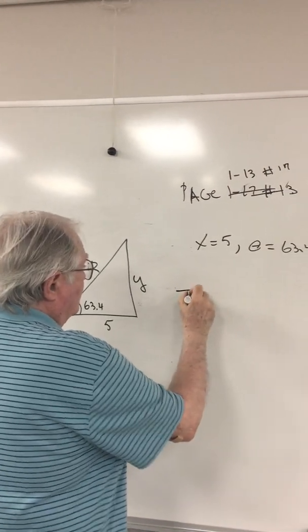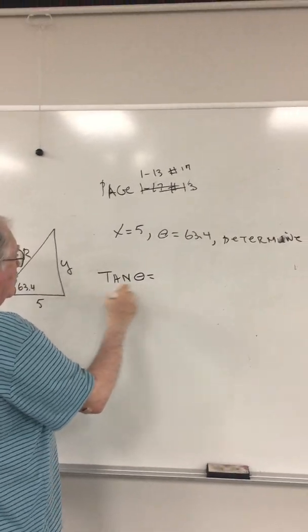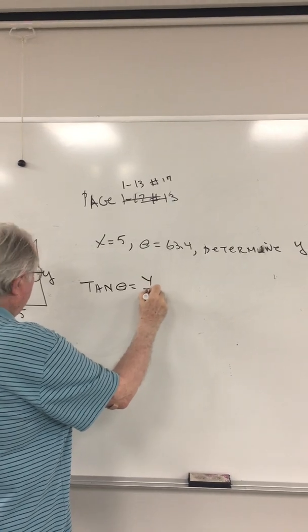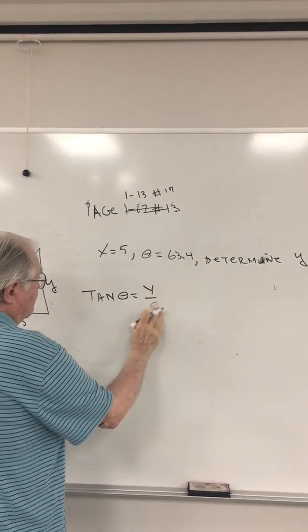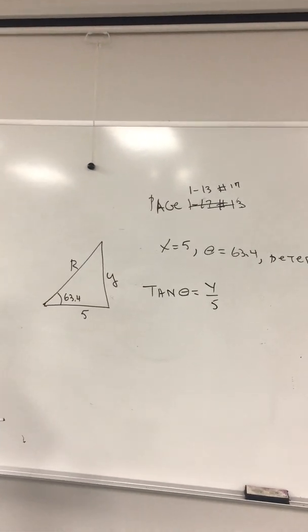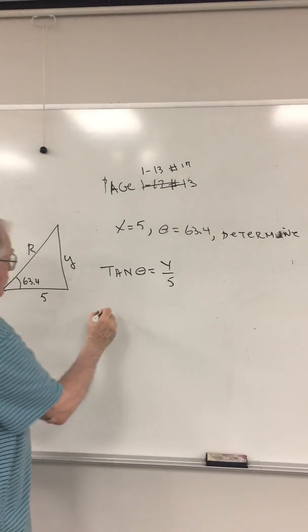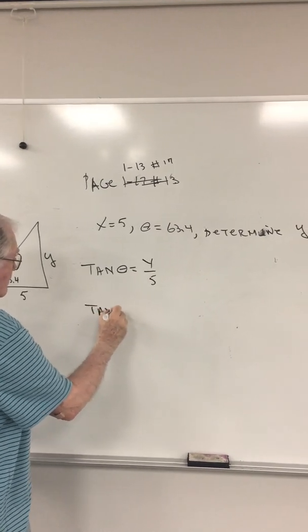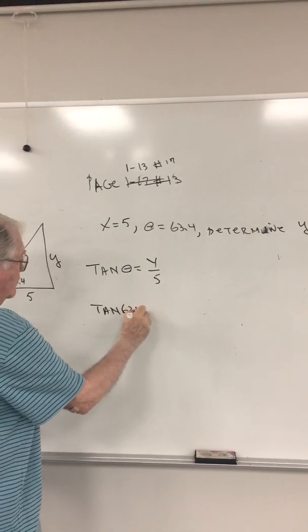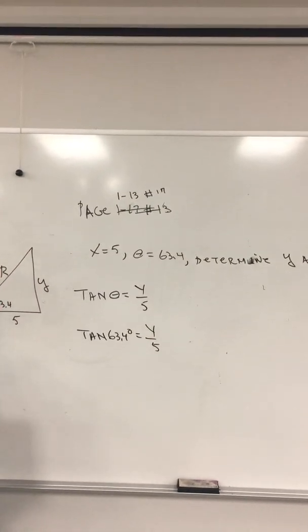Tangent of the angle is y over x, y over 5. Well, we know what the angle is, 63.4. Y over 5.